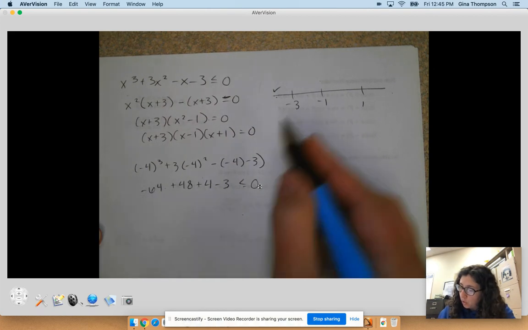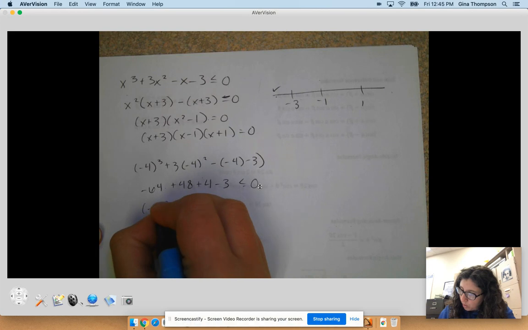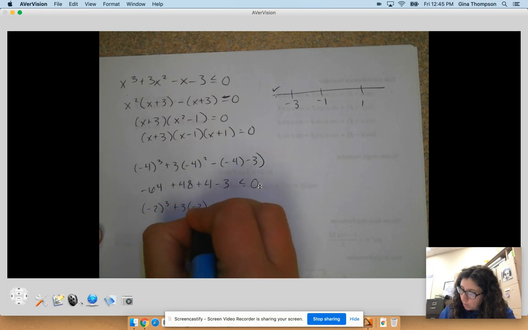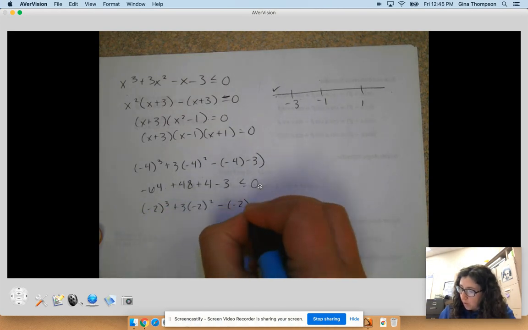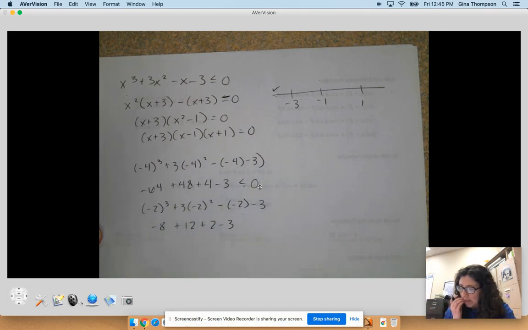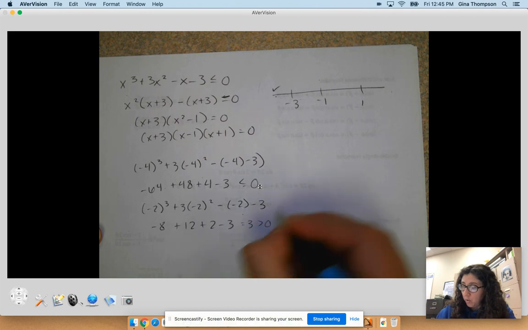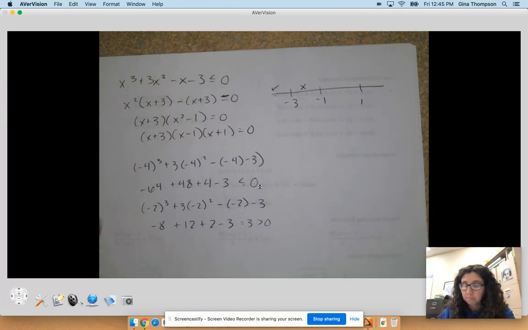How about if I choose -2, something in this interval? -2 cubed plus 3 times -2 squared minus -2 minus 3. So I get -8 plus 12 plus 2 minus 3. So 14 minus 11 is 3, which is greater than 0. So that interval does not work.